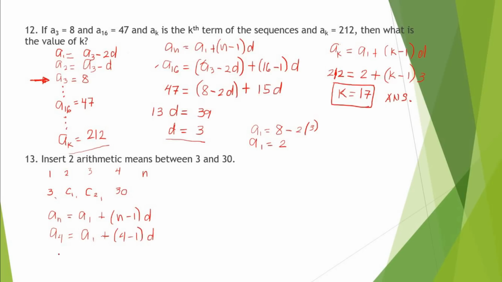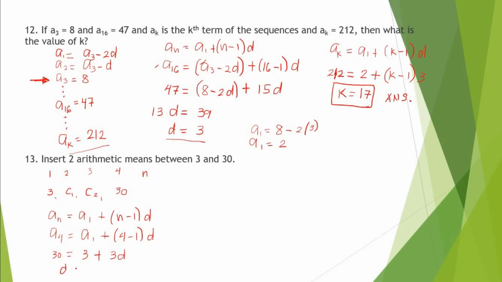So substituting the known values, we have 30 is equal to 3 plus 4 minus 1 times d, which is 3d. Solving for d, 30 minus 3 is 27. 27 divided by 3 is equal to 9.